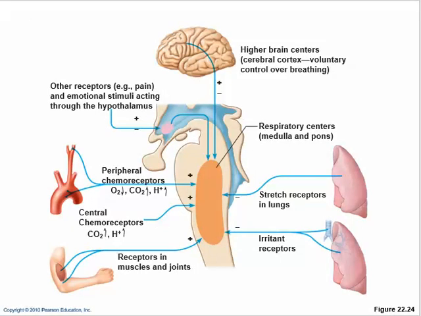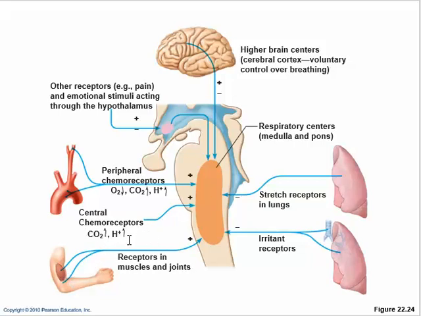This is kind of a summation of that. When you start to work out, the receptors in the muscles and joints positively affect breathing, so you are breathing deeper even before you have the need for the oxygen, because the muscles are working and will be needing oxygen in a second.